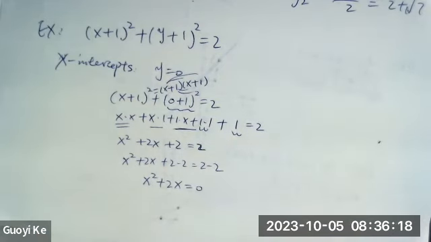What kind of method can we use? Of course, you can use the quadratic formula, right? So besides the quadratic formula, what else can we use to solve it? We've learned 3 methods, right?